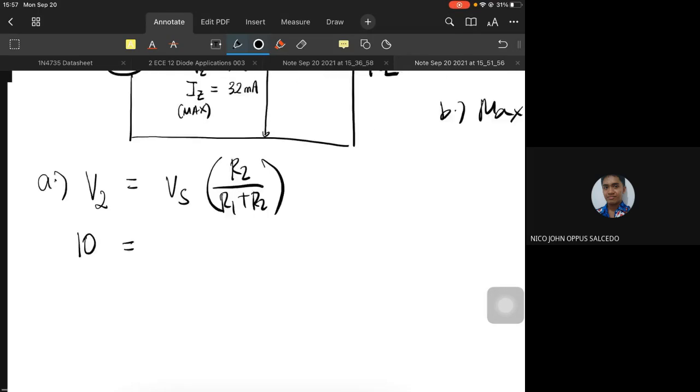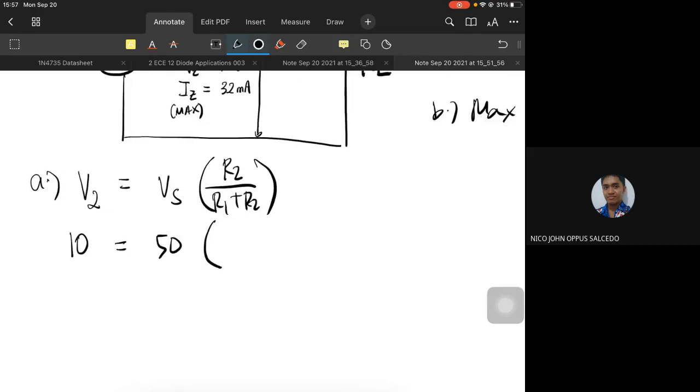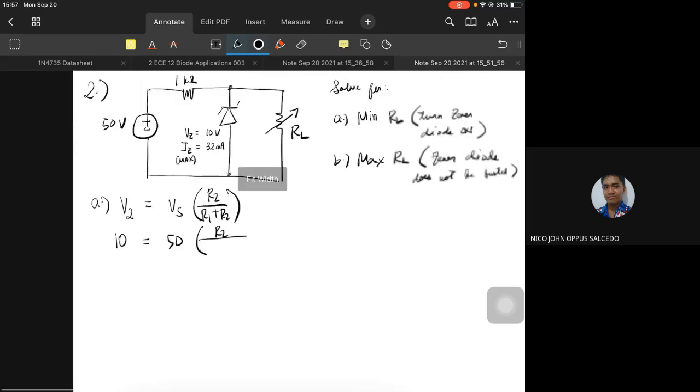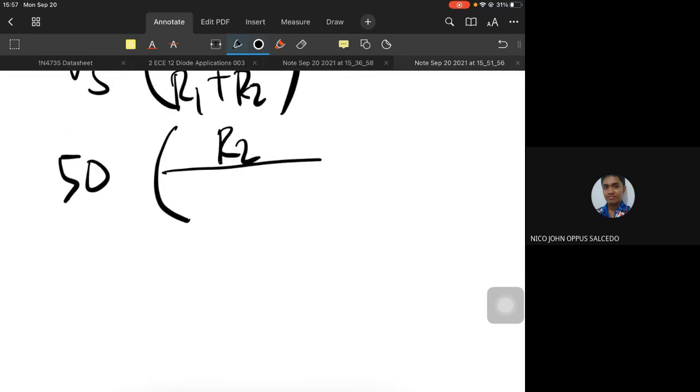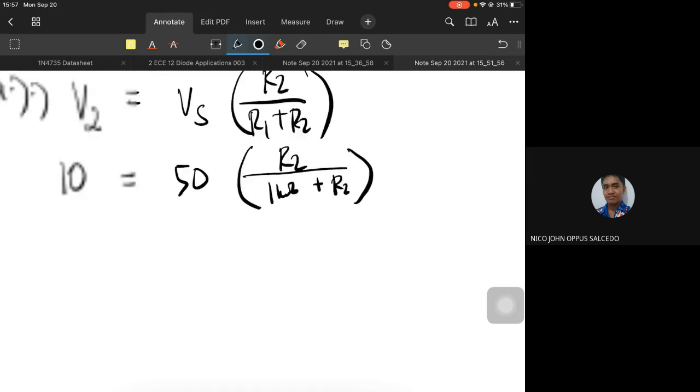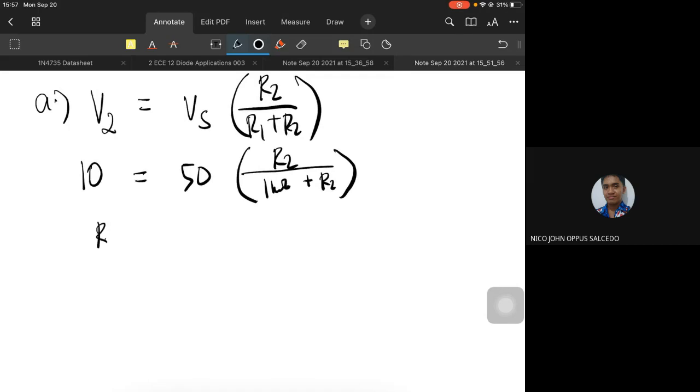V2 is 10. Vs is 50. R2 is unknown. R1 is 1K plus an unknown R2. And I think makaya na shift solve calculator. R2 is equal to 250 ohms.